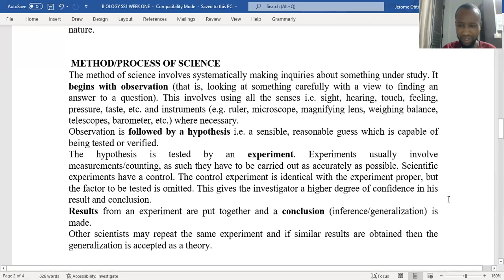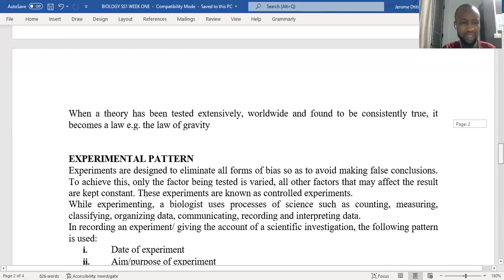Then when they do the same thing and have similar results, it is accepted as a scientific theory. I've heard about some scientific theories. Then when a theory has been tested extensively worldwide and found to be true, it now becomes a law. For example, you have the law of gravity.